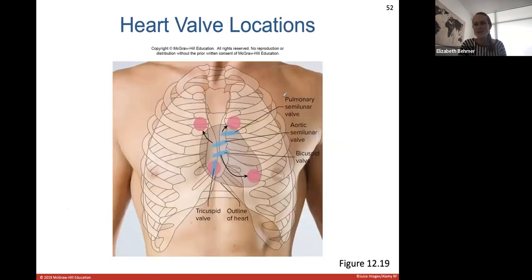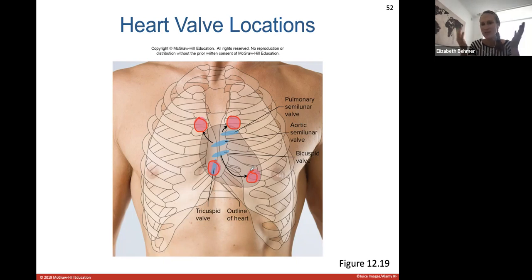Here are the heart valve locations. In blue, it shows you the actual location of the heart, and in pink, this is where the sounds are projected onto the surface of the skin. Your doctor or nurse should be listening to your heart in these 4 different locations on your skin, because in these spots, they can best hear the closure of those heart valves.